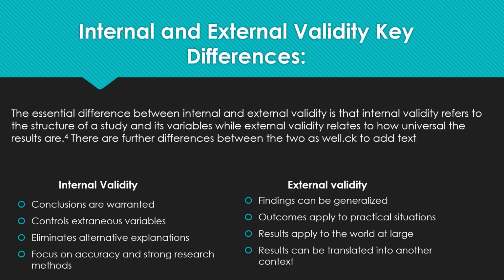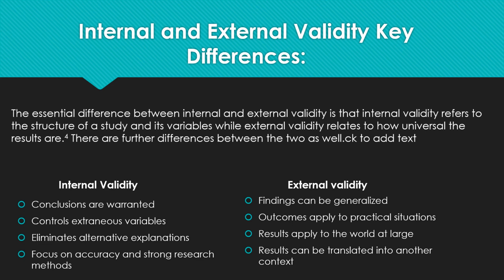So we are going to go over some internal and external validity key differences. The essential difference between internal and external validity is that internal validity refers to the structure of a study and its variables, while external validity relates to how universal the results are. To dig a little bit deeper into the key differences, we'll start with internal validity.